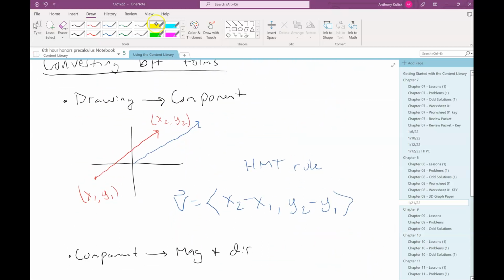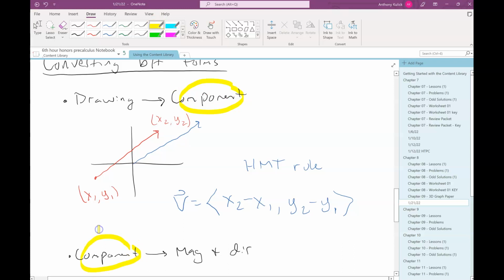Because the way that I would do it is just convert it to component form and then do component form to magnitude and direction, right? That's actually the easier way to do it, as opposed to trying to go directly from the drawing. So that would be my suggestion there. That's why we're not going to list that as a separate thing.